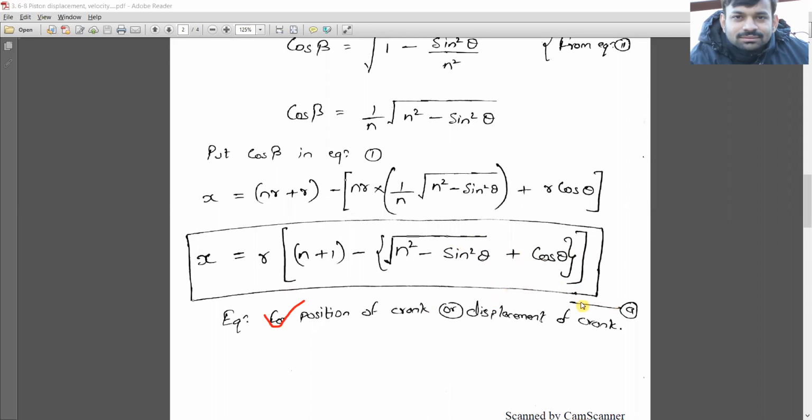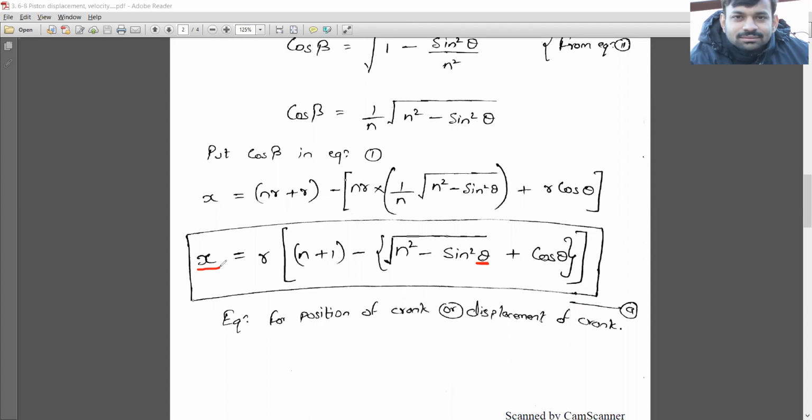Okay, so let's name this as equation number A. All right, so this is the equation for position of crank or displacement of crank. So at any given instant when the IC engine is running, if you have the value of theta, you can determine the position of the crank from its top dead center.